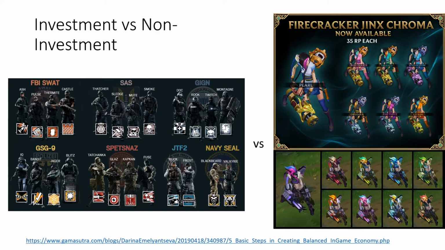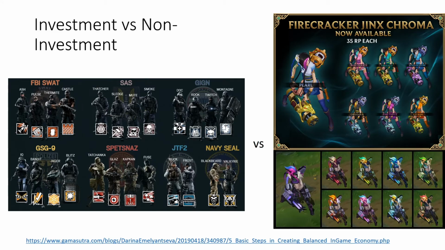League is free to play. And you'll see the one on the left, the way they make their money is by selling operators. They sell a load of other things, but operators have different abilities and different mechanics in the way they play, and therefore can interact with other operators in your team in different ways. So that is an investment.